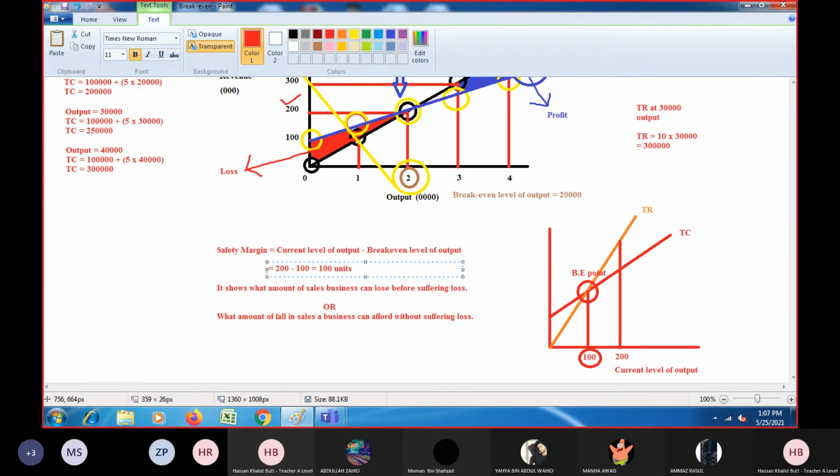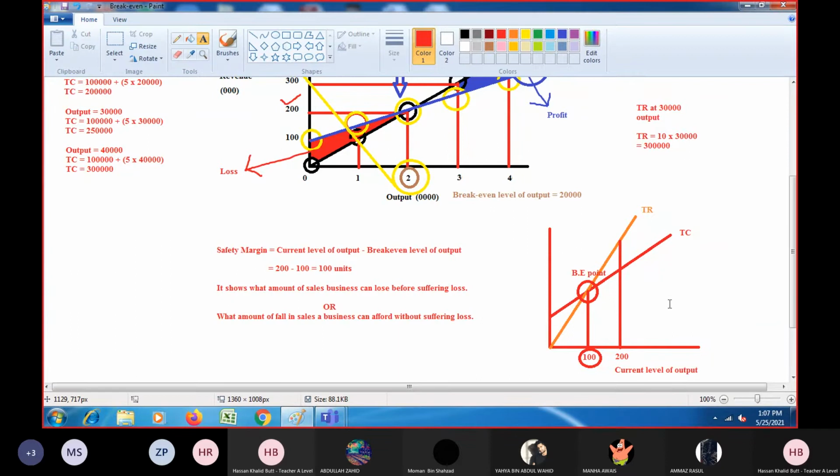It means if the business loses sales by 100 units, still the business will not suffer loss. Yes, if the business loses sales by more than 100 units, then there is a problem because the business will start suffering losses. So this gap basically shows the safety margin.